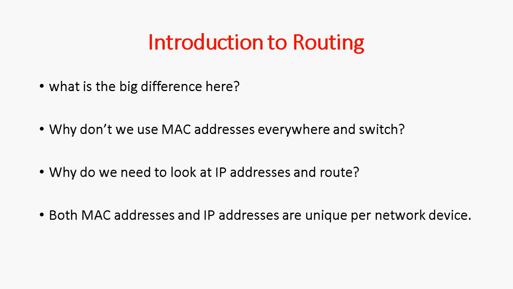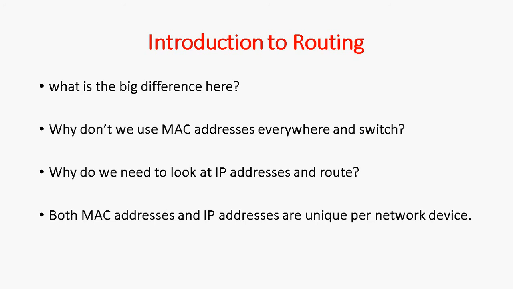First question. Second question: why don't we use MAC addresses and switches everywhere, and not use routers? Third question: why do we need to look at the IP addresses and route?